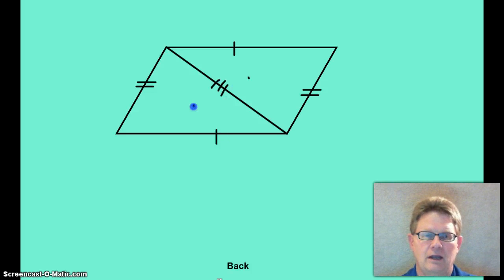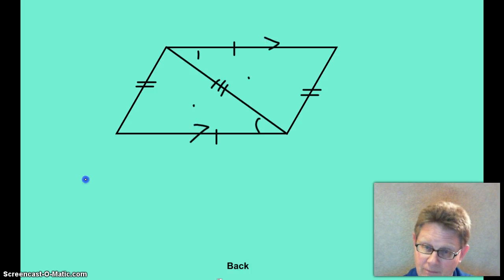These two triangles will be congruent to each other because of the side-side-side postulate. This angle will be congruent to this angle because of CPCTC, corresponding parts of congruent triangles are congruent. Since these are alternate interior angles, then these two lines would be parallel.